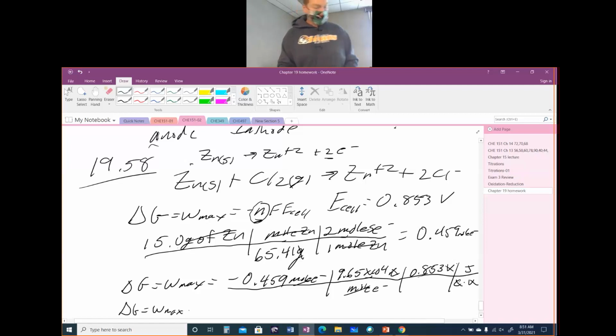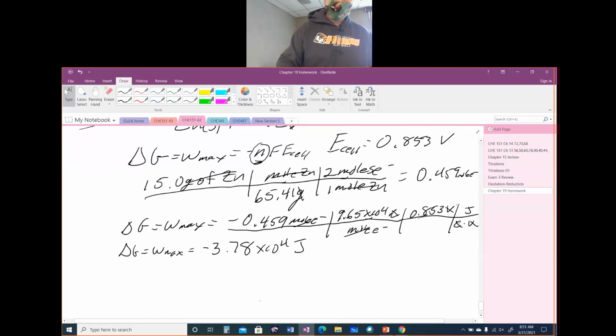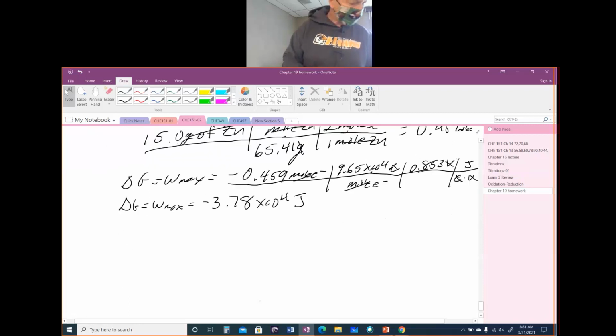And so your delta G is equal to work max, which is the question. What is the maximum work? And that is a negative 3.78 times 10 to the fourth joules. All right, so your delta G, your work max, has to be in joules. So the key there is to know that you have to change your mass of zinc into moles of electrons.